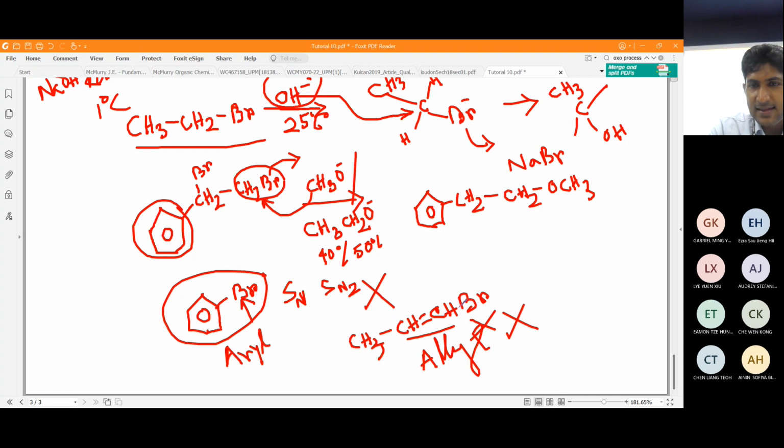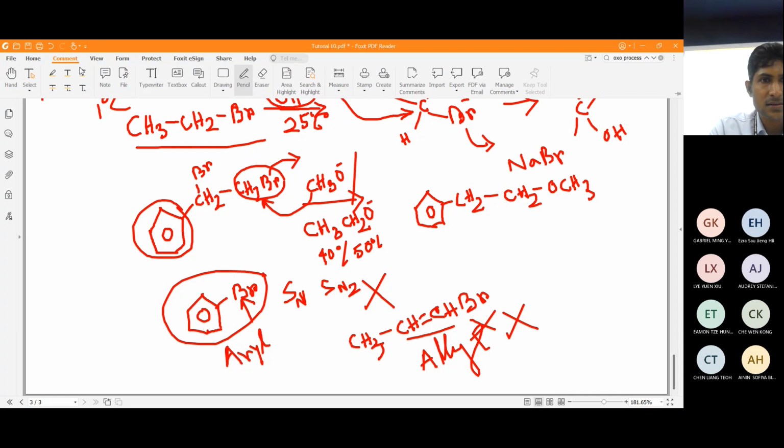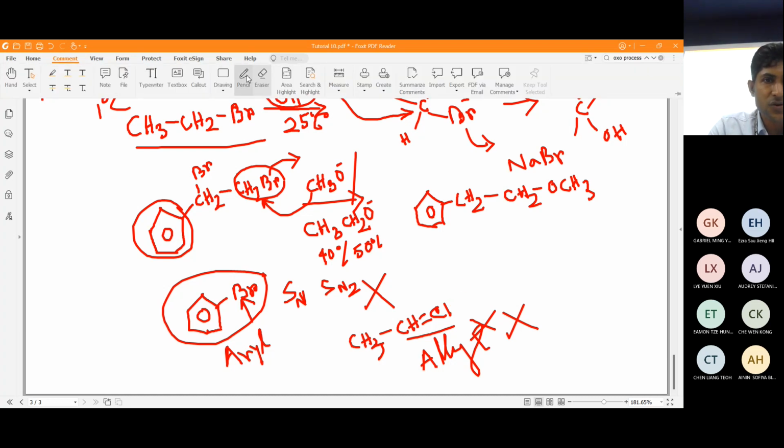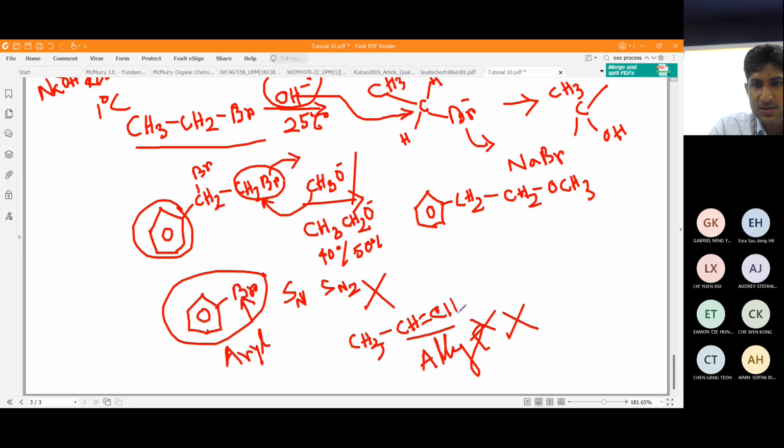But let's say this bromine is not directly attached to here, but to the next carbon, then it would be possible. CH here, and then again CH2, and then Br.